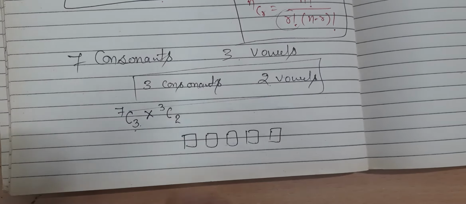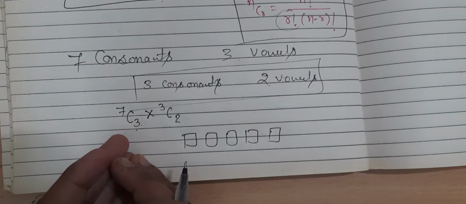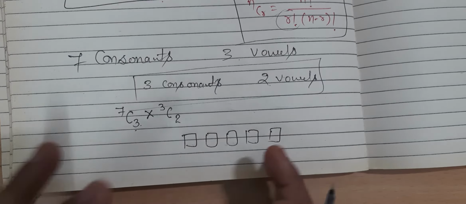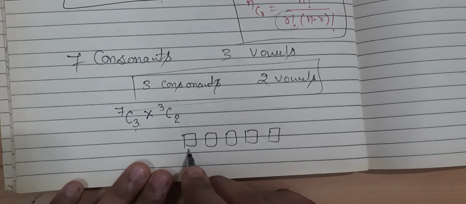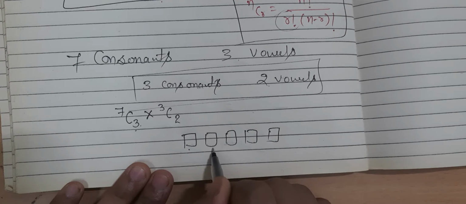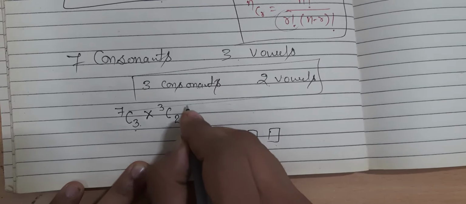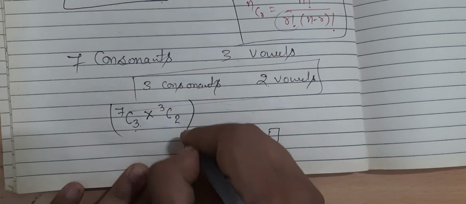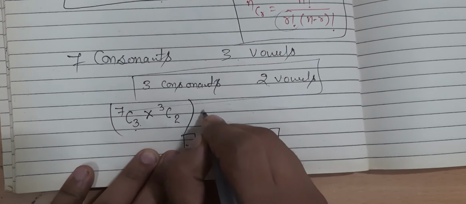We have selected 5 letters, but these 5 letters can change their places. These 5 letters can be arranged among themselves in how many ways? There are 5 ways to fill this place, 4 to fill this one, 3, 2, 1. So these 5 letters can be arranged in how many ways?